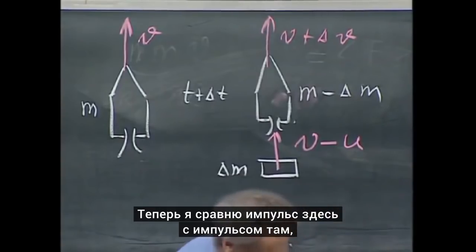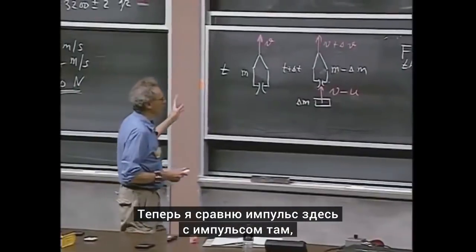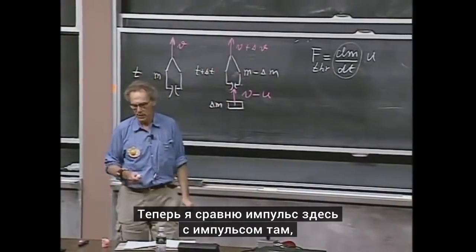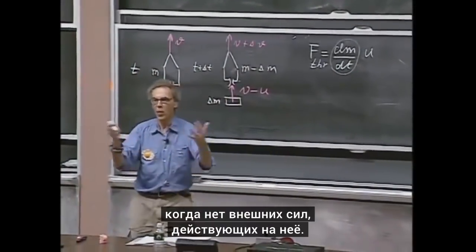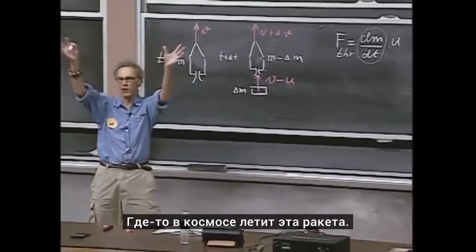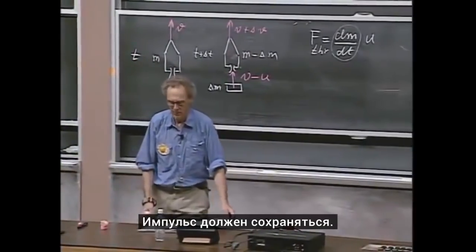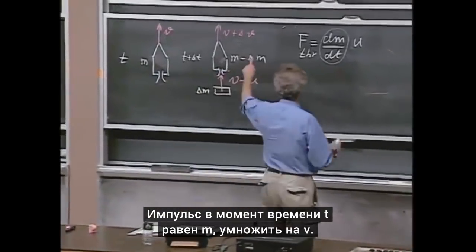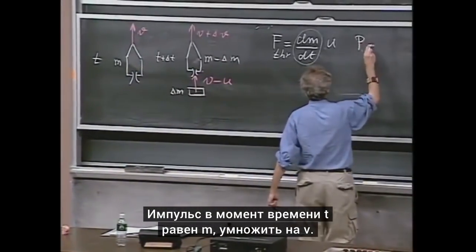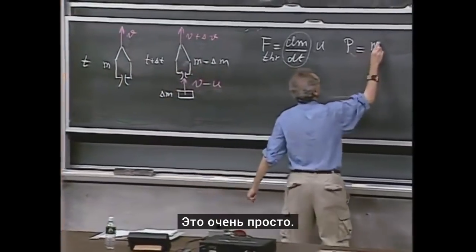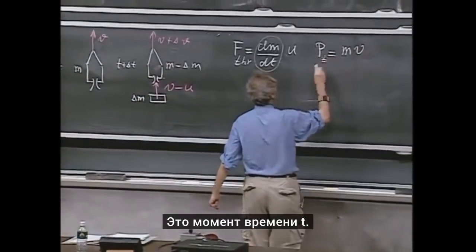Now, I'm going to compare the momentum here with the momentum there. And we take the situation that there are no external forces acting upon it. Somewhere in outer space, this rocket burns. Momentum must be conserved. The momentum at time t equals m times v. That is very simple. That is time t.